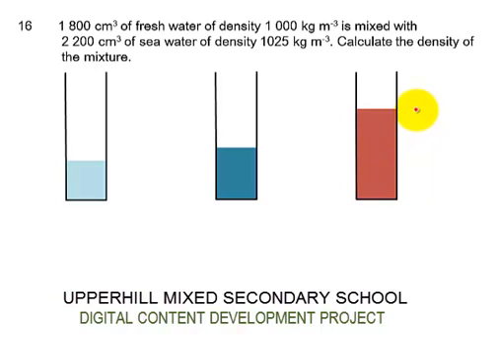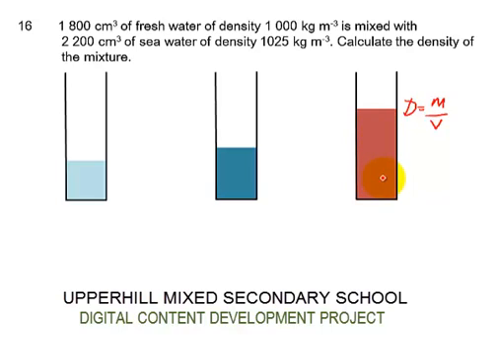The first thing to recall is that if we want to calculate density of any mixture, we need to find its volume and its mass so that we can divide the mass by the volume to get the density. So we want to get the mass of this mixture as well as its volume. How do we do this? This liquid here is a mixture of fresh water and seawater.